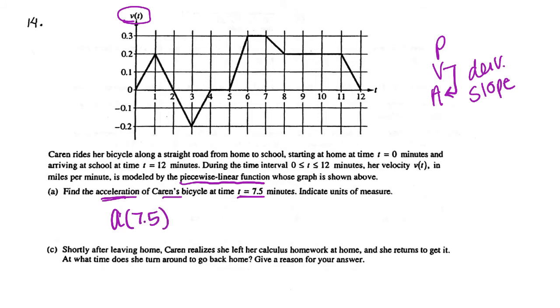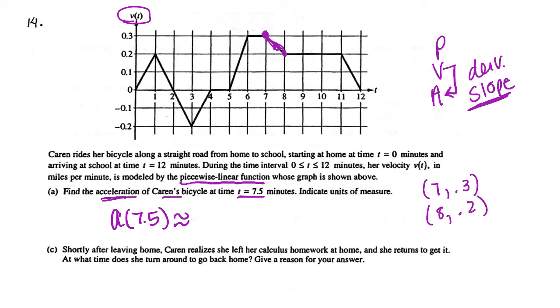7.5, and notice that we are approximating it because we don't have a for sure graph of acceleration here. So 7.5 is somewhere between here 7 and 8. So we're looking for the slope of that line segment right here. So let's look at our ordered pairs. Okay, so for our ordered pairs for here, we have 7, 0.3, and then our other ordered pair that we have is 8 and 0.2.